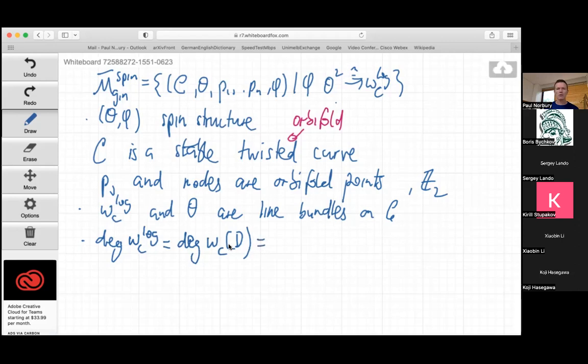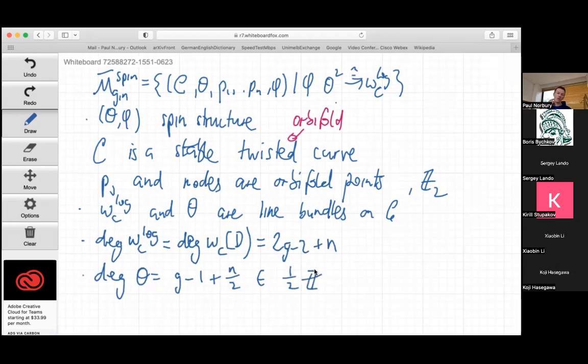And so what is this degree? Well, the degree of the canonical is 2g minus 2, and the degree of D is n. There's just n points there. So this is 2g minus 2 plus n, and the degree of theta is half that. So this is possibly a half integer, which is fine, because orbifold line bundles can have half degree.